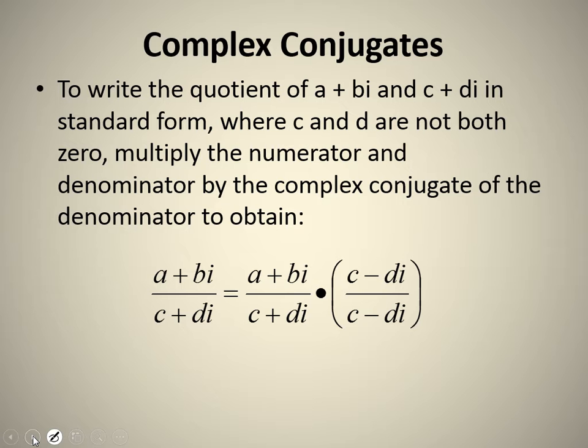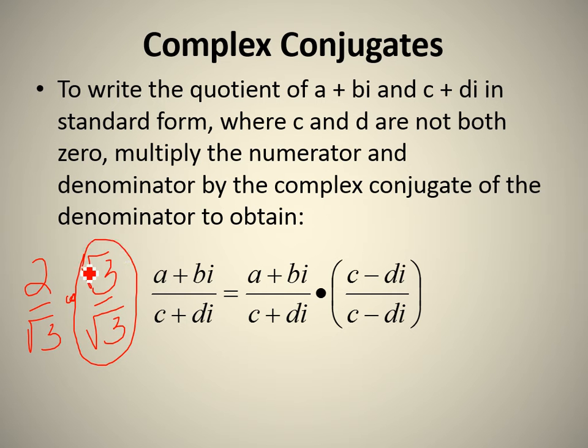So if you recall when we were talking about rationalizing denominators, for instance, if you had 2 over the square root of 3, the way I would rationalize the denominator there is I would multiply the fraction by the square root of 3 over the square root of 3. So remember, you can do that because the square root of 3 over the square root of 3 is 1. And anytime you multiply something by 1, the value stays the same.